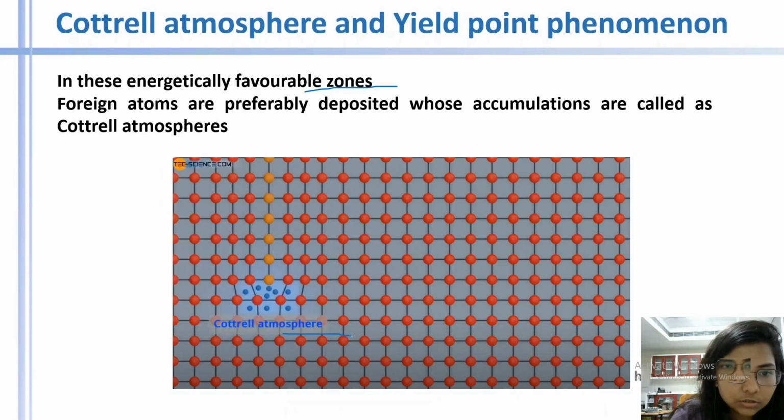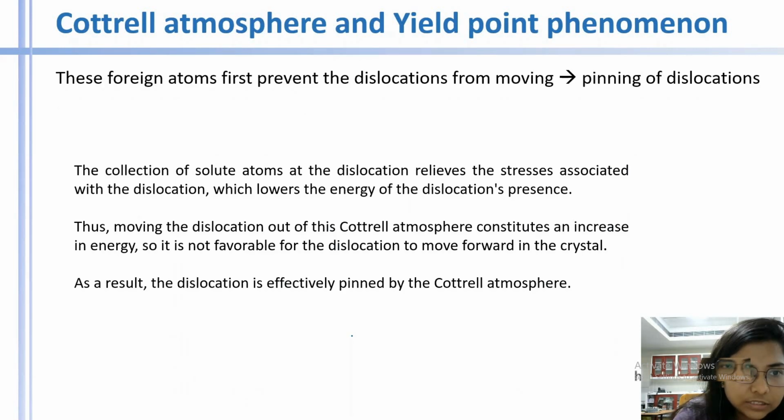So this is the quadrille atmosphere. Now what happens is, these foreign atoms first prevent the dislocations from moving. This is called the pinning of dislocations.